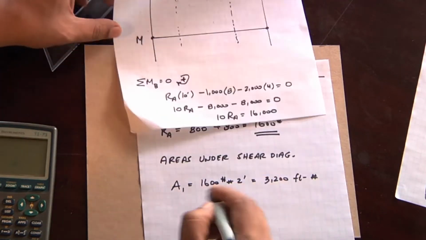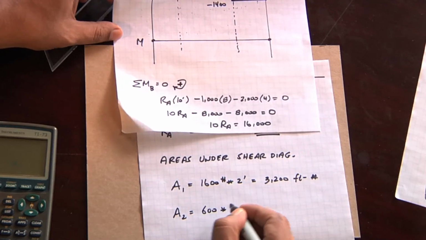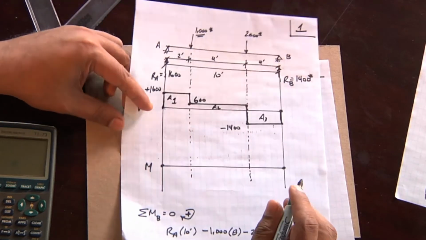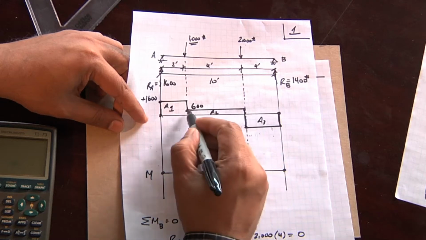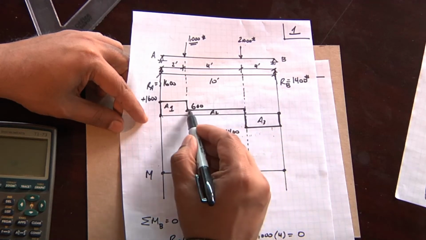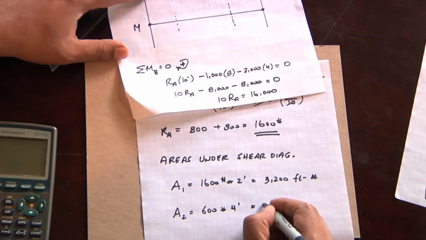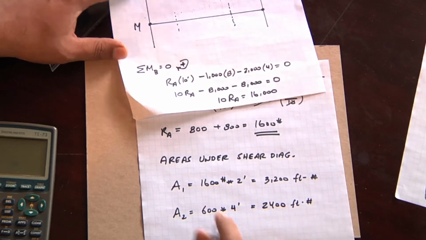Area A2 is 600 times 4 feet. 600 times the length, 4 feet. This is 600 here, is the height, and 4 feet is the length. 2,400 foot-pounds.